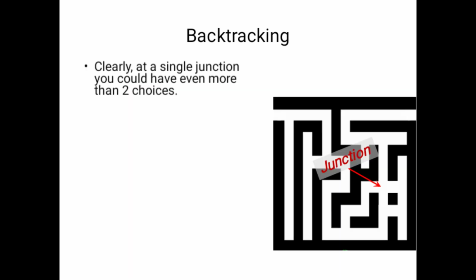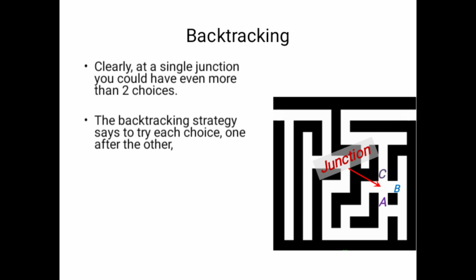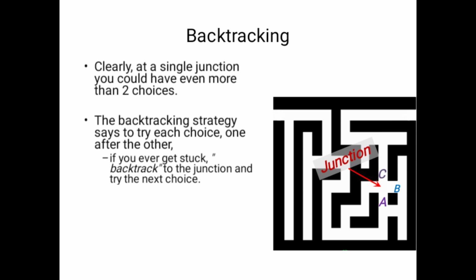Now you can see clearly that at a junction you could have even more than two choices. In this part of the maze you have three options: portion A, portion B and portion C. The backtracking strategy says to try each choice one after the other.